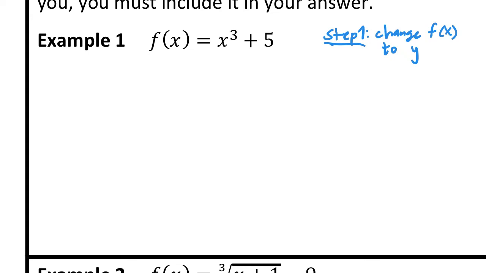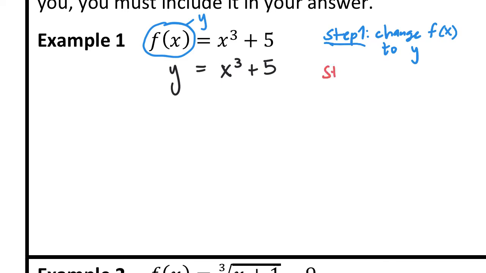Okay, so change this one to y. That's going to look like y equals x to the third plus 5. Okay, so step 1 is done.